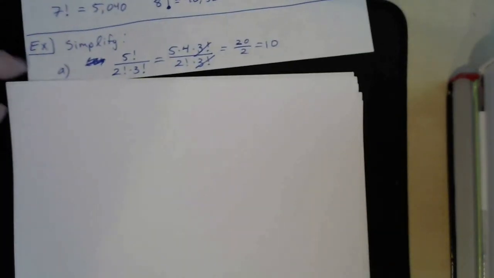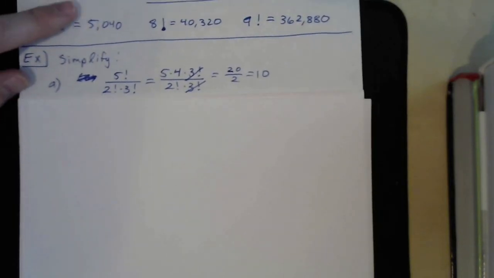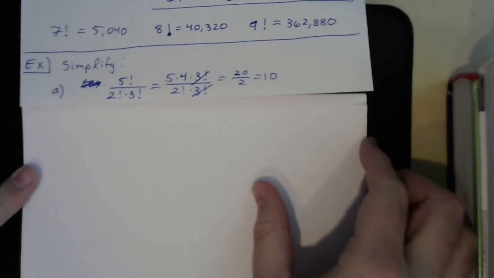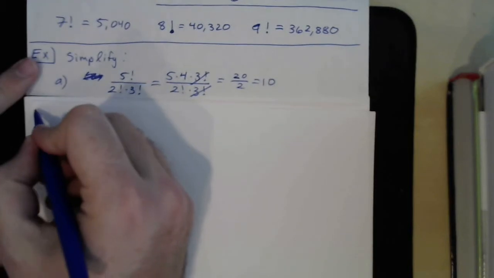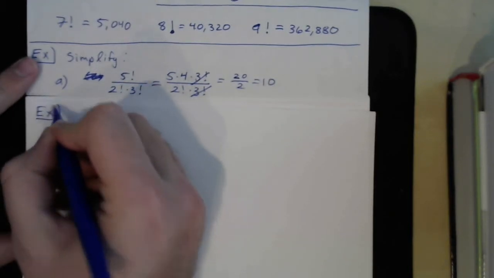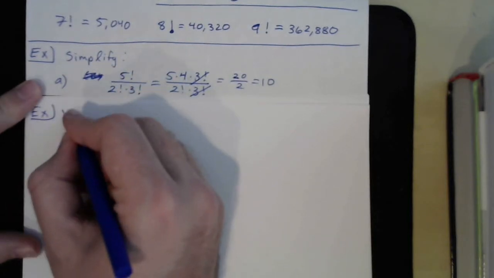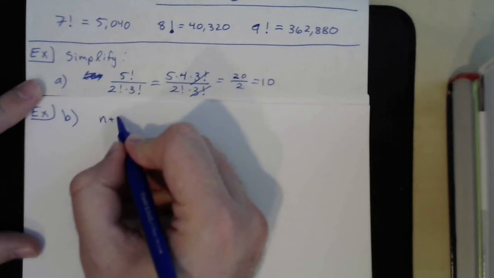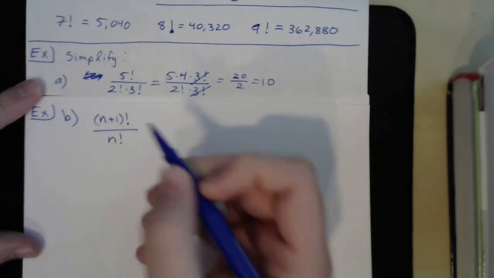Let's do one with variables, because those are what we're going to see the most when we start doing proofs. Okay, so let's do n plus 1 factorial over n factorial.